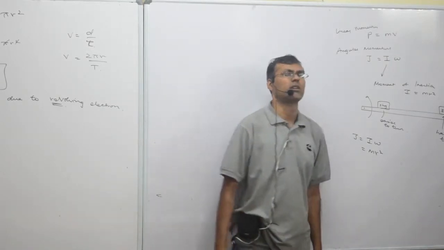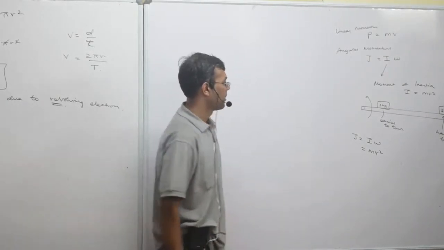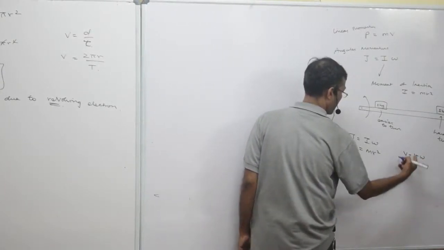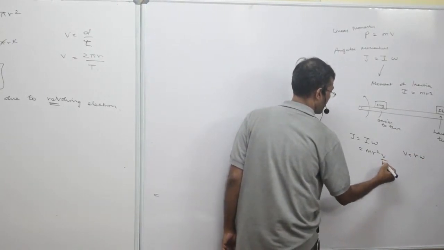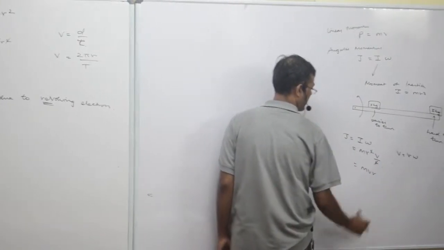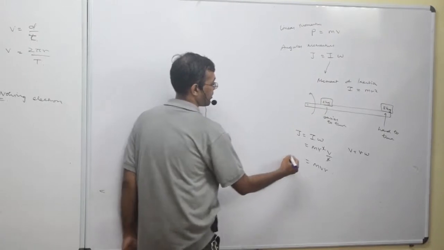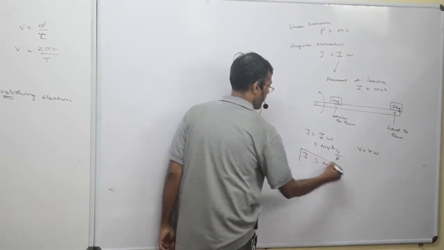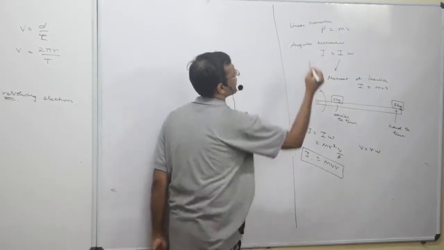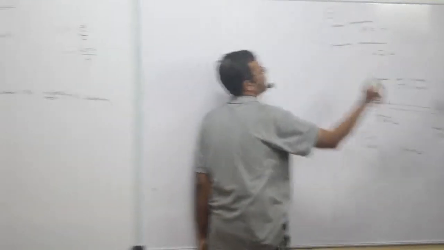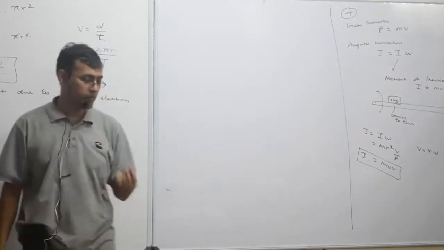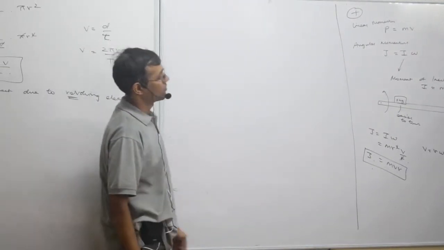So V is equal to R omega. So omega can be written as V by R. So R cancels. So I'll get mvr. So that is your momentum. Angular momentum is given by this. Okay. So all these things are from your 11th standard basics. So you don't have to write all these things in your exams. It's only for your understanding.